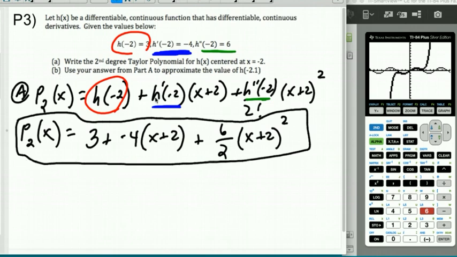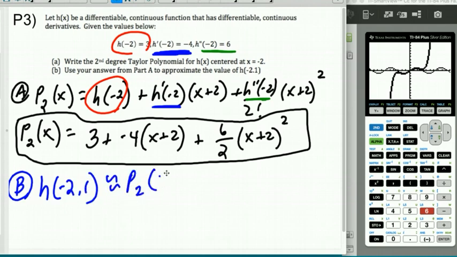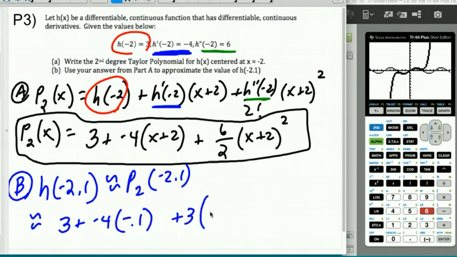Then I'm going to use it to approximate -2.1. So for part B, right, h of -2.1 should be approximately P2 of -2.1. So I'm just going to plug in and get, that's a 3 plus this -4 times a -0.1, right? Plus a 3 times, this -0.1 is going to be squared, right?